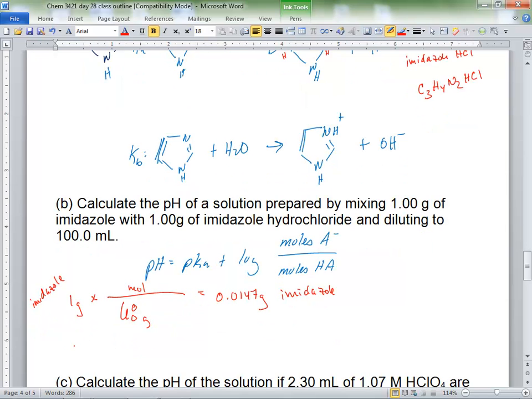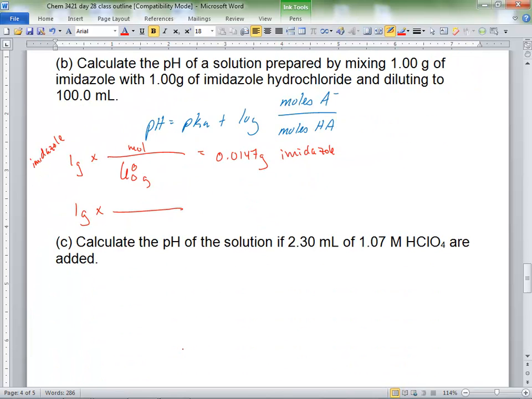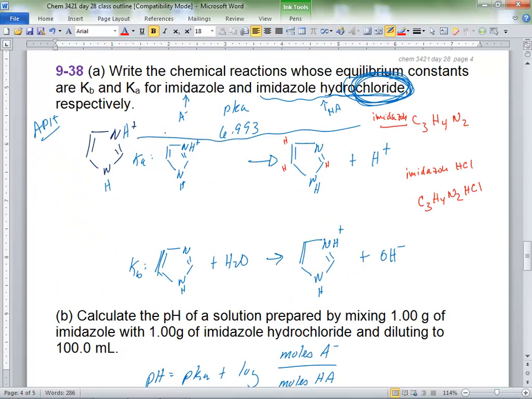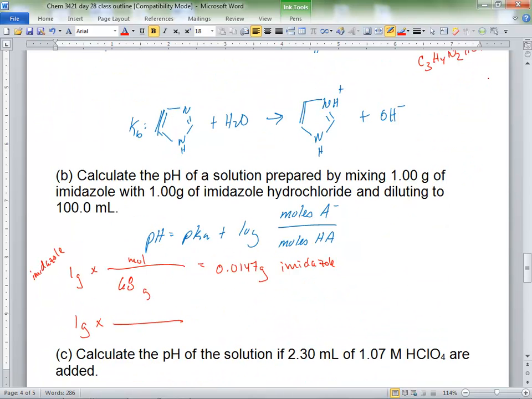Correct me if I added something up wrong. So that's 68. That's supposed to be a 68. It's hard to write way down there. So how did I get the 68? Right here. Add it up. Okay. 3 carbons, 4 hydrogens, and 2 nitrogens. Hydrochloride.